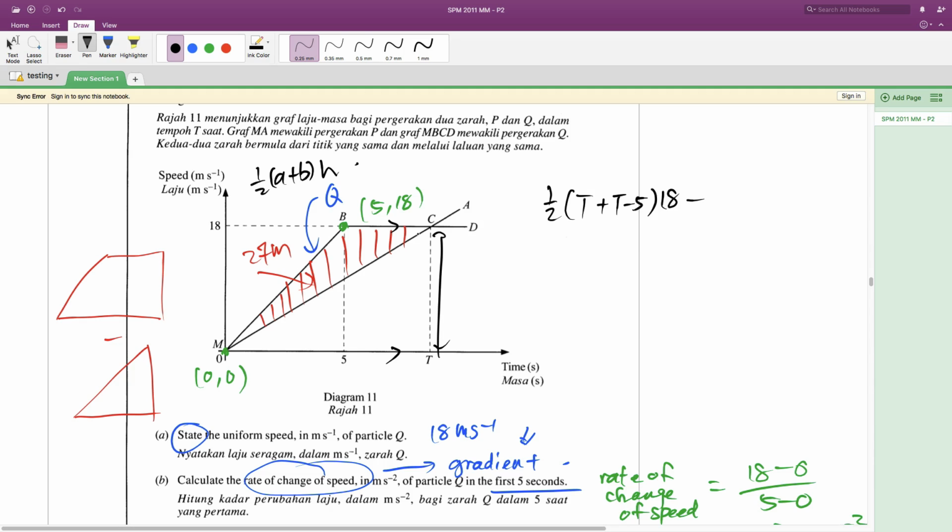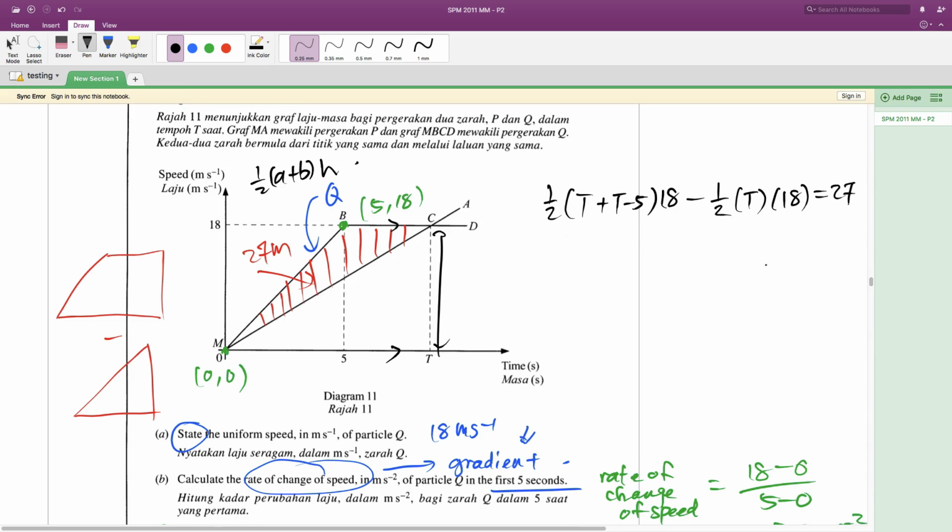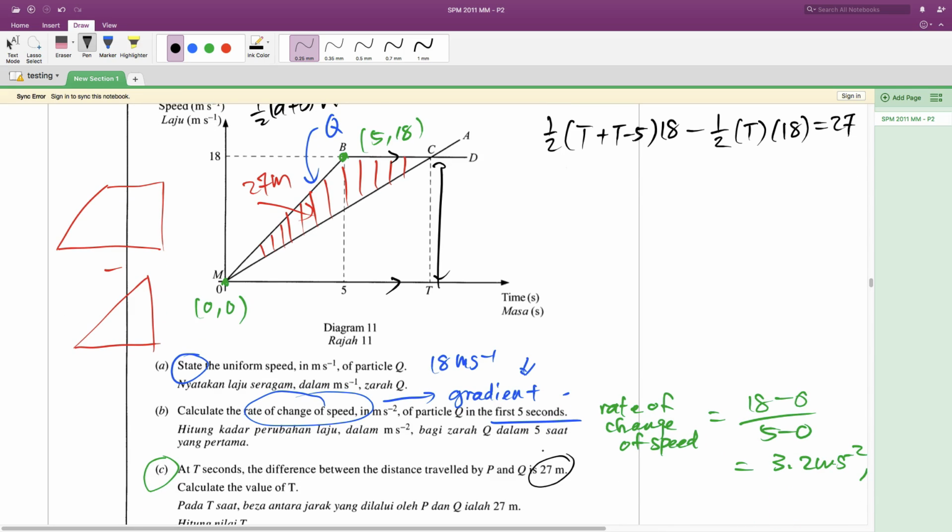Minus triangle. Triangle is half, multiply the base which is T, multiply the height which is 18, and then equals 27. Because the question says their difference is 27. So I will say the bigger one minus the smaller one, then I will get 27. Now I need to solve it. Half and 18 simplified, left 9. This is 2t minus 5 multiply 9.